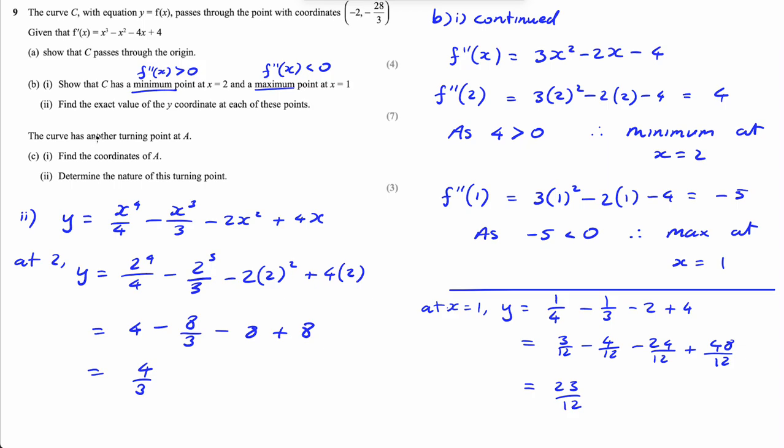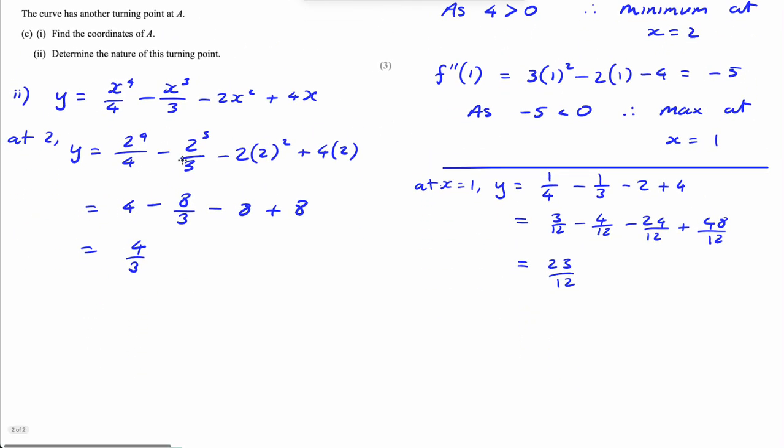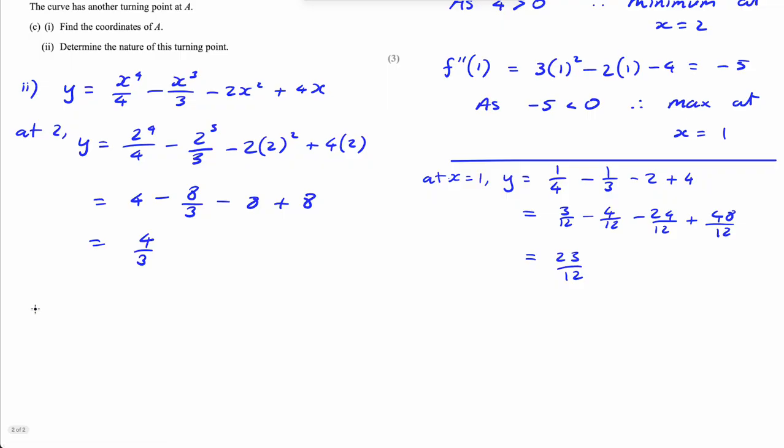Then he says the curve has another turning point at A. Find the coordinates of A and determine the nature of this turning point. Okay, so if it has another turning point, then the derivative is 0 at that turning point.